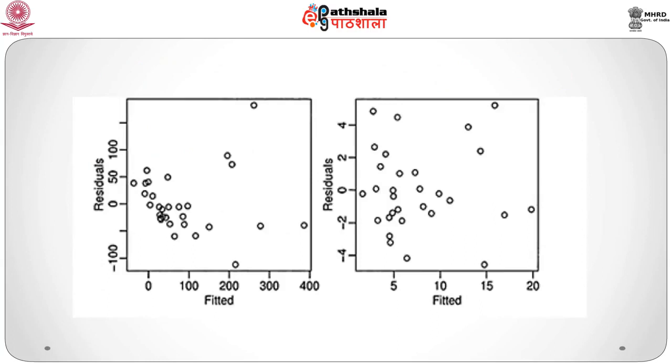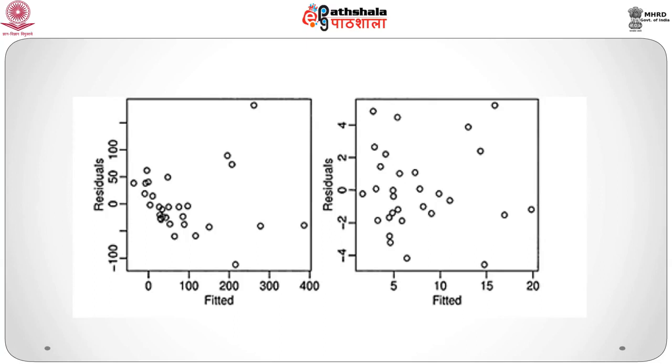So we look at this plot, which is given on the left panel of the figure, and we can see that the plot is somewhat funnel shaped. This, as you know, is evidence that we have non-constant variances. Now, when we have non-constant variances, the obvious option is to try some variance stabilizing transformation.